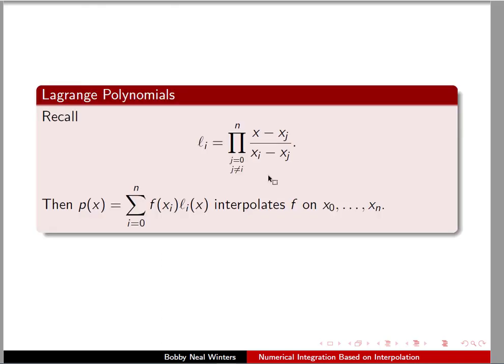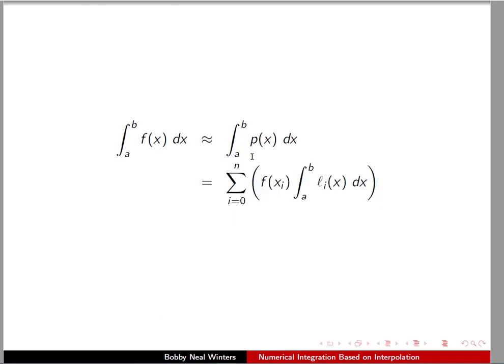So we can just plop this down under the integral sign, and since it's a linear combination, we can take it out and we can get our approximate integral as the sum of my values f of xi times the integral of these polynomials on the interval from a to b, okay?